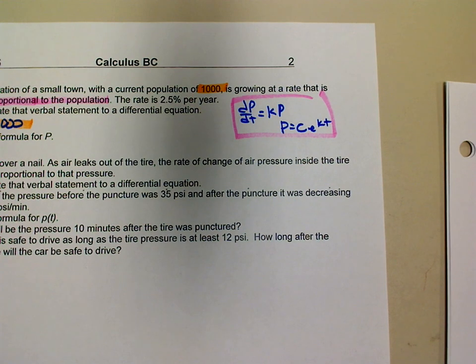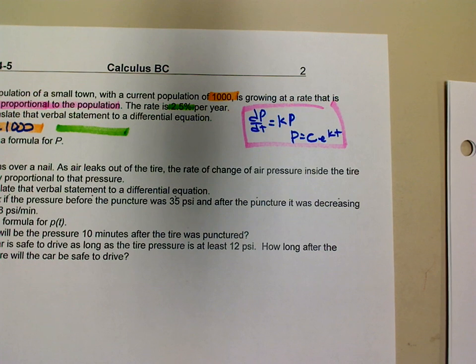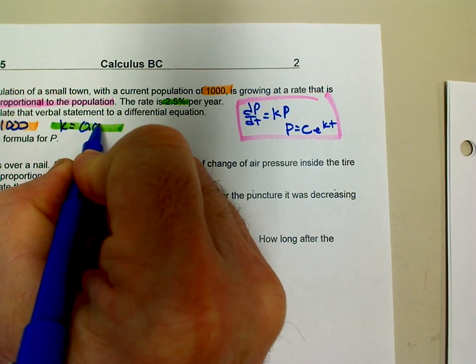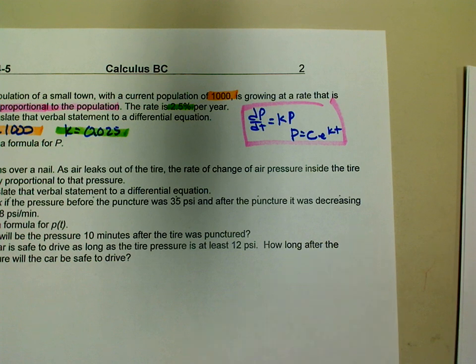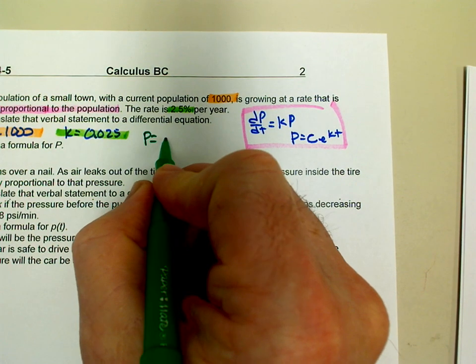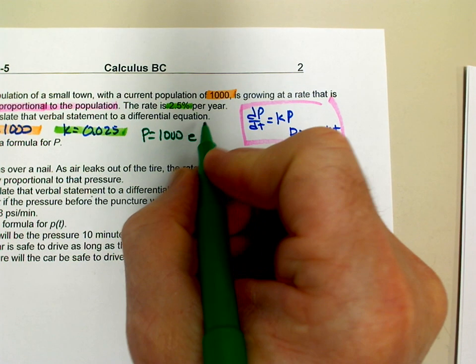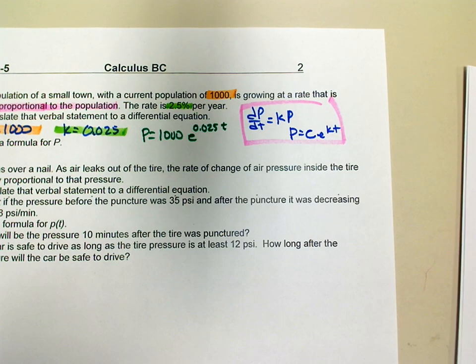And since it gives us the rate, that rate is our k value. So this one starts us off with a lot of information. Of course, we'll write our k value as a decimal, which means our equation will simply be P equals the constant at the beginning of 1,000 e to the 0.025 t.